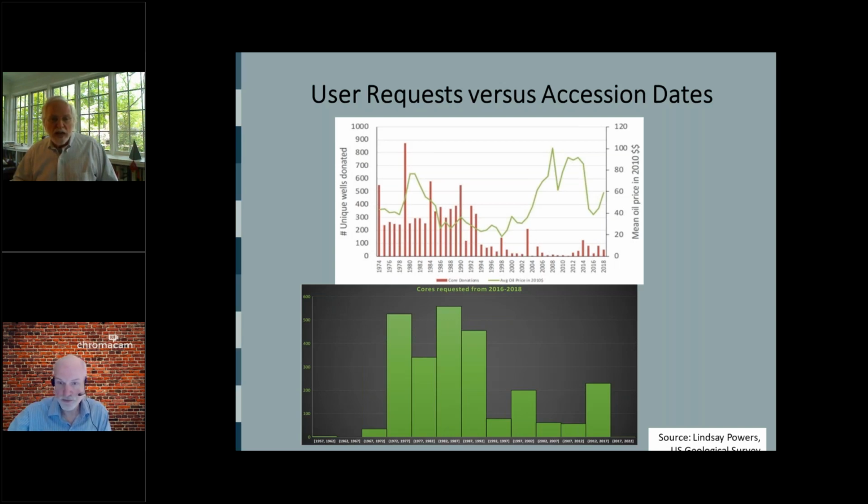So users borrowed samples or got samples from the period 2016 to 2018, and the date of accession for those cores is shown. And you can see that the two have the same shape, which means that even as recently as 2018, people were asking for core samples that go back to the beginning of the collection.